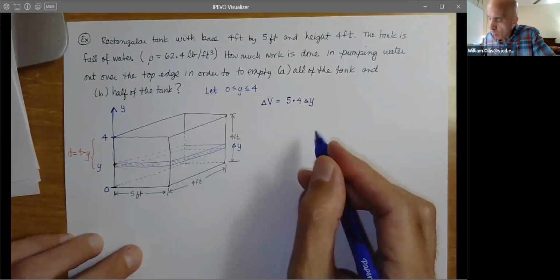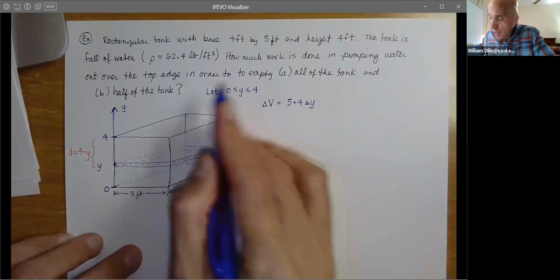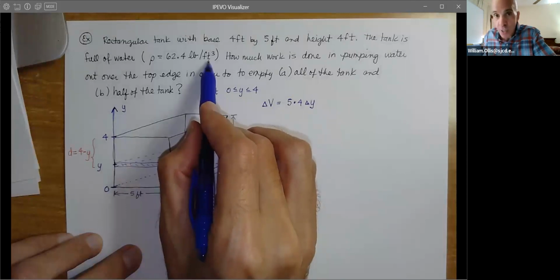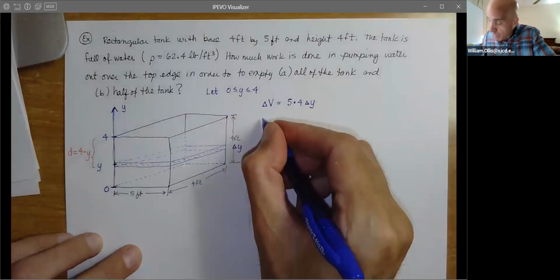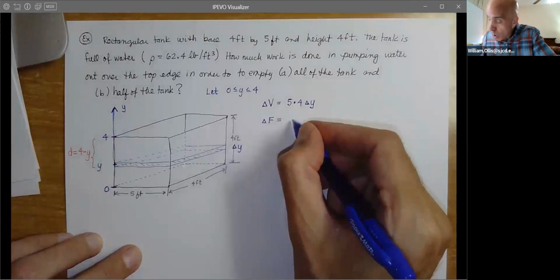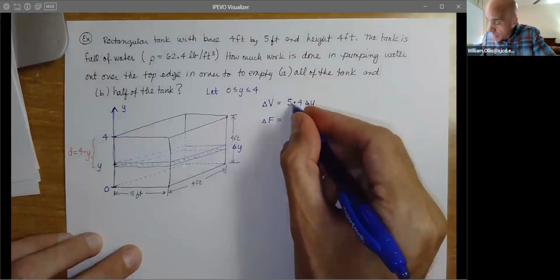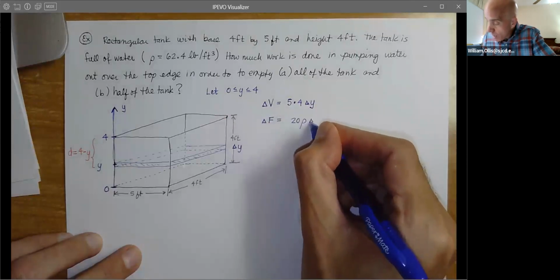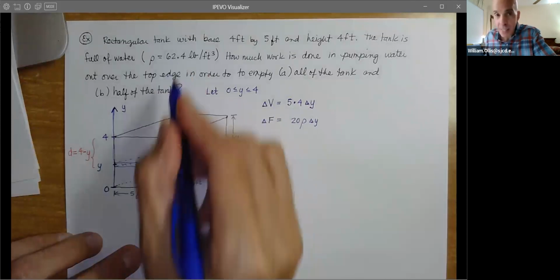So now when we think of the force, we think of absorbing the cubic dimension here. So now this will imply that the force exerted by the slab will be rho, and if you like, just go ahead and say 20 rho delta y, where rho is 62.4.